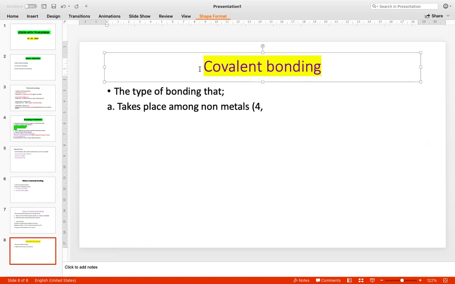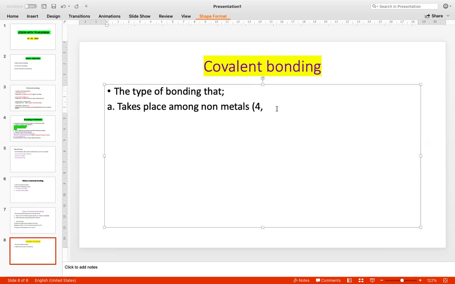So covalent bonding is the type of bonding that takes place among non-metals, those elements with 4, 5, 6, and 7 electrons in the outermost shell. Among themselves, they are able to form covalent bonding. Group 6 and group 6 are able to bond among themselves.